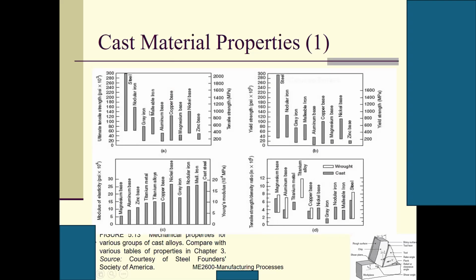This is a property of the material, and based on these properties, I will not test your understanding. However, if there is a need later to select what kind of material you want to cast, you should be able to use these four figures to select one.